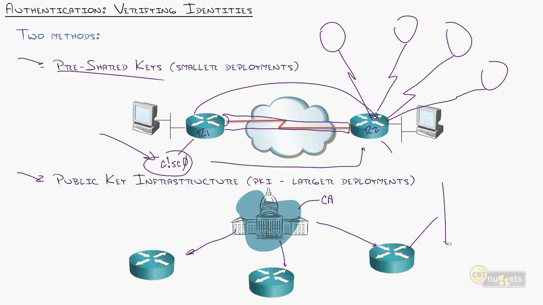Now, remember, just like the PayPal example, it says, this is router 1. Here's some information, expiration dates, all that kind of stuff of that certificate. And this trusted entity, this certificate authority, has stamped the certificate with their stamp of approval.